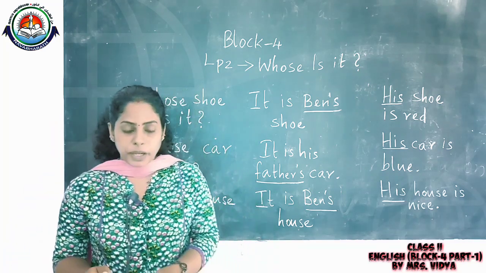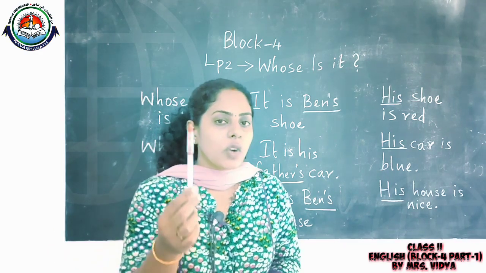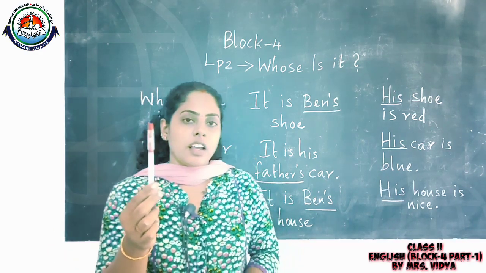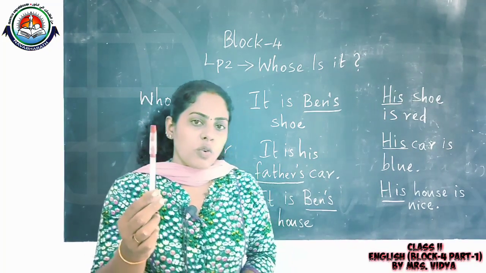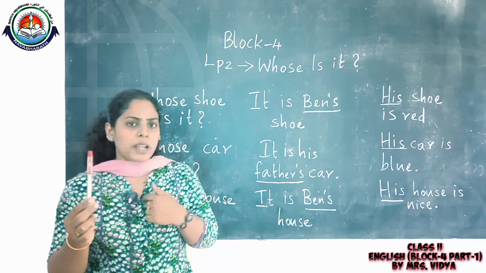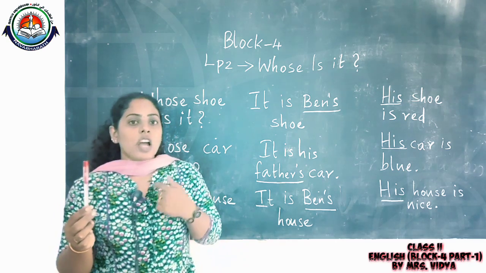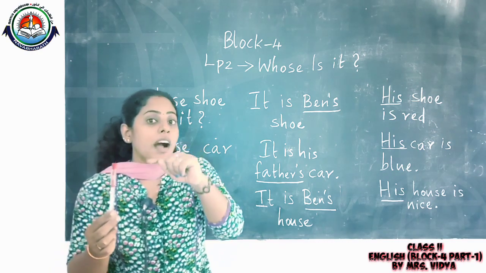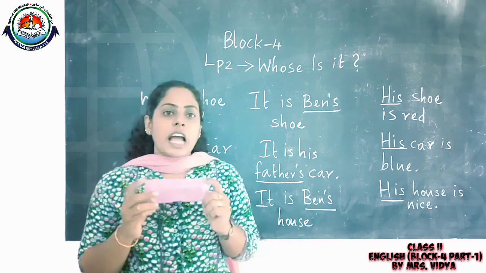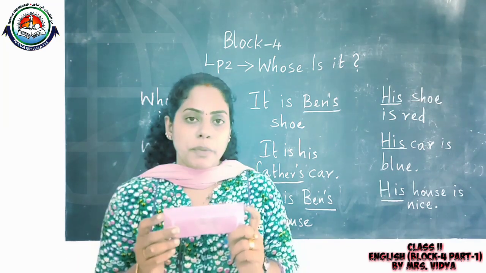I have one thing with me. What is it? Pen. Whose pen is this? Is it yours? No. It is ma'am's pen. Isn't it? Okay. So I will tell, this is my pen. I have one box with me.